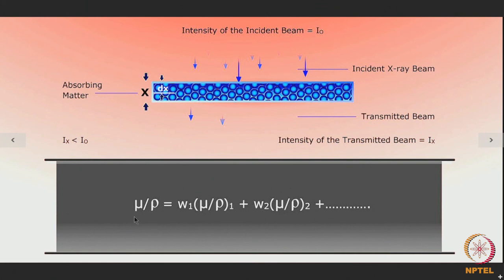So, the total mu by rho of the composite material will be W1 times mu by rho 1 plus W2 times mu by rho 2. Now, if there are more than 2 components, 3, 4, 5, you can easily find out the mu by rho of the entire composite material.